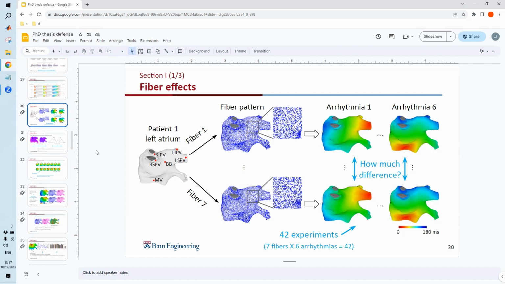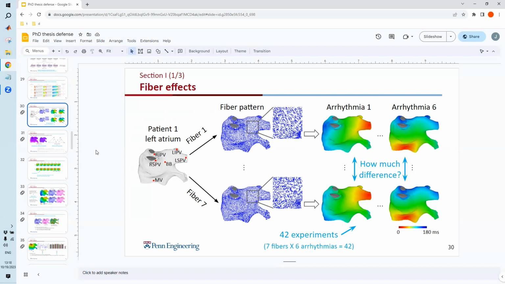Okay. So first, if you take a closer look at these two different fibers, they are very different. You mentioned that maybe the fibers are not that different from every patient, but here it is actually very different patient from patient. So the fibers of left atrium, specifically left atrium, has two characteristics, I would say.